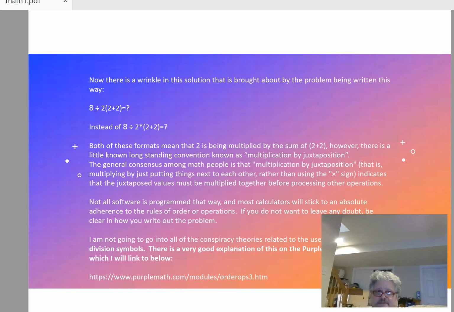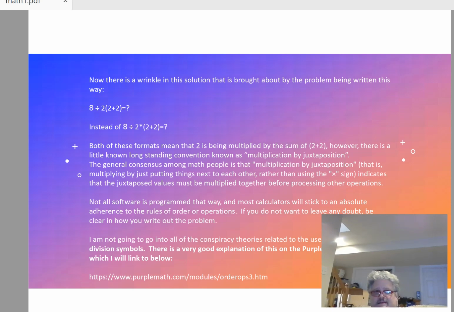The general consensus among math people is that when you have things next to each other without using the times sign, you're just using parentheses, that indicates that the juxtaposed values must be multiplied together before processing other operations. So if you follow that rule, then technically once you've solved the 2 plus 2 in parentheses, you would do 2 times 4 next before you did the division.